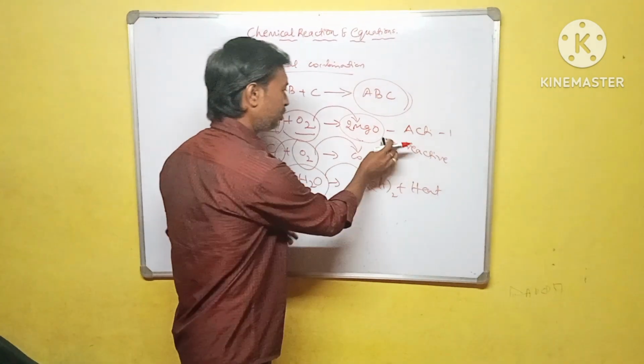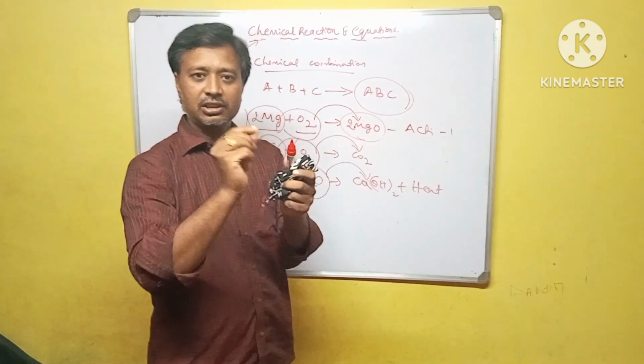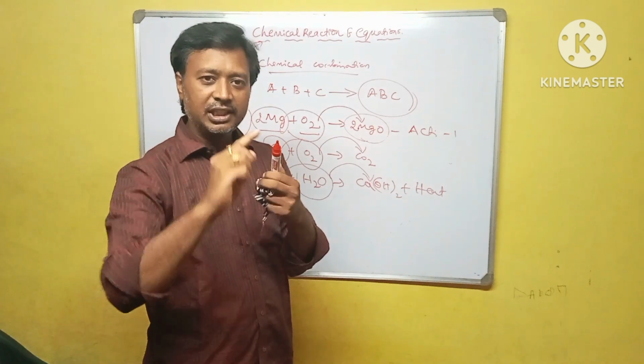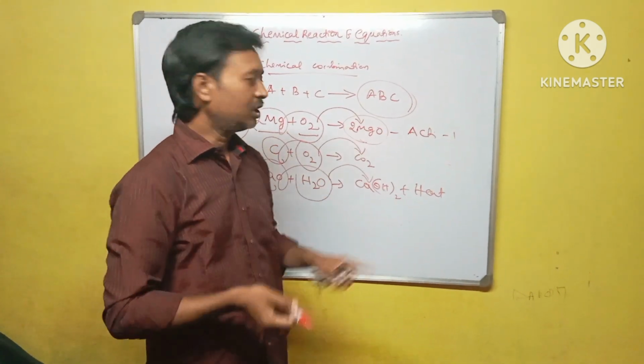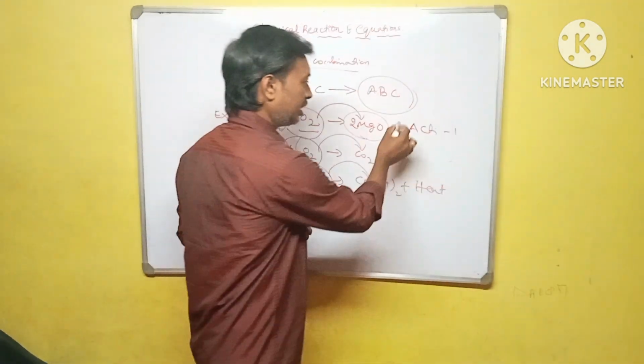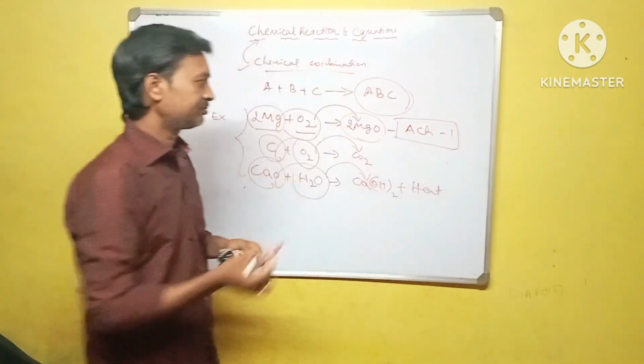To make it reactive, the magnesium ribbon is thoroughly cleaned and then burnt. To remove this oxide layer, we clean the magnesium ribbon in Activity 1.